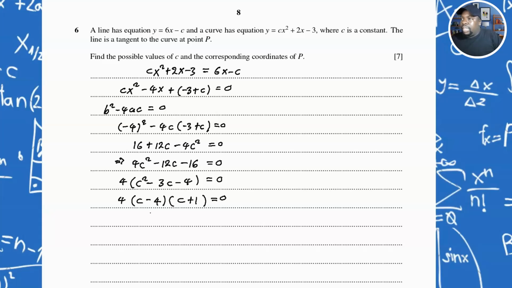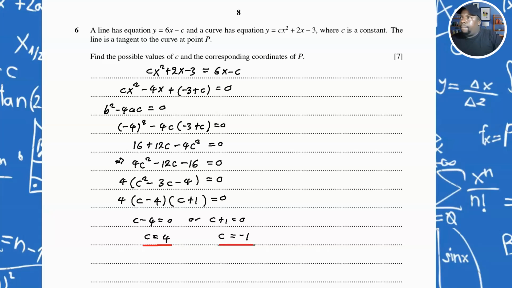So we factorized it so that either c minus 4 equal to 0 or c plus 1 equal to 0. So the possible values of c are c is 4, or c is minus 1.